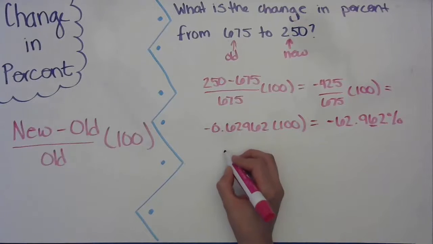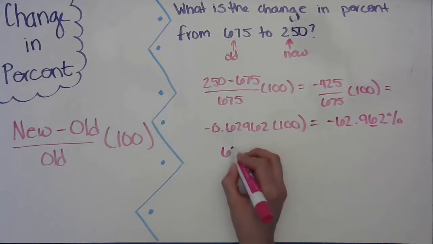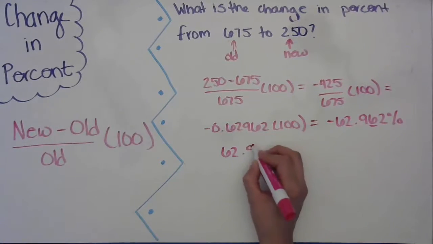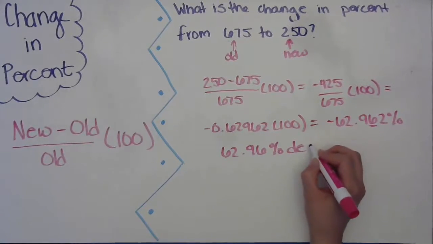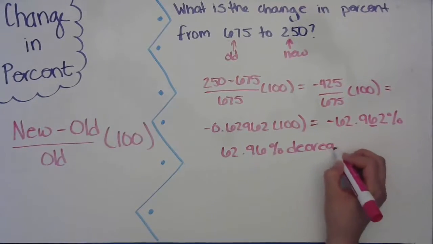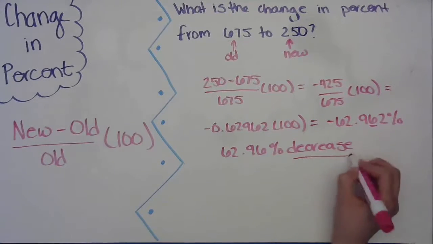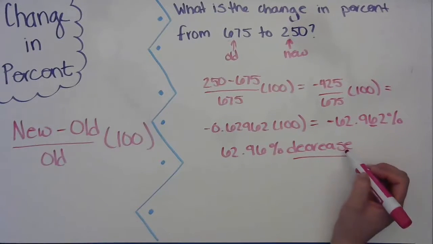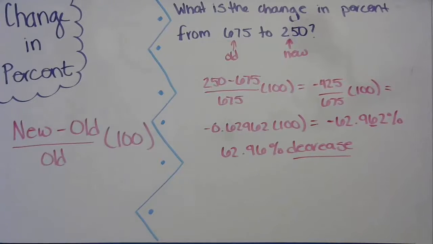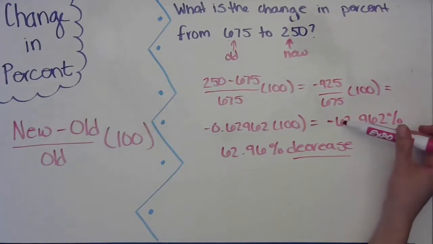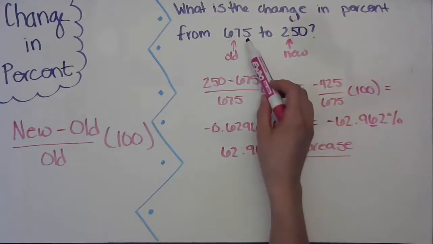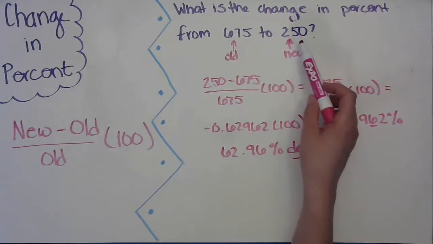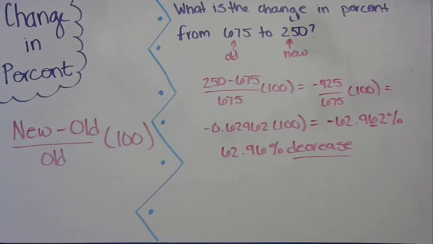So our final answer is going to be 62.96% decrease. We are going to drop that negative and write it as a decrease. Because this value that we calculated was a negative value, that makes it a decrease. And also because we are going from a high value to a low value, that also makes it a decrease.